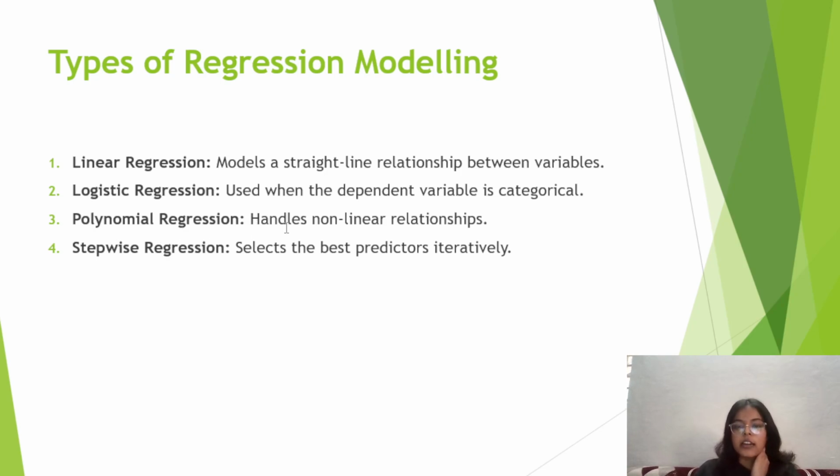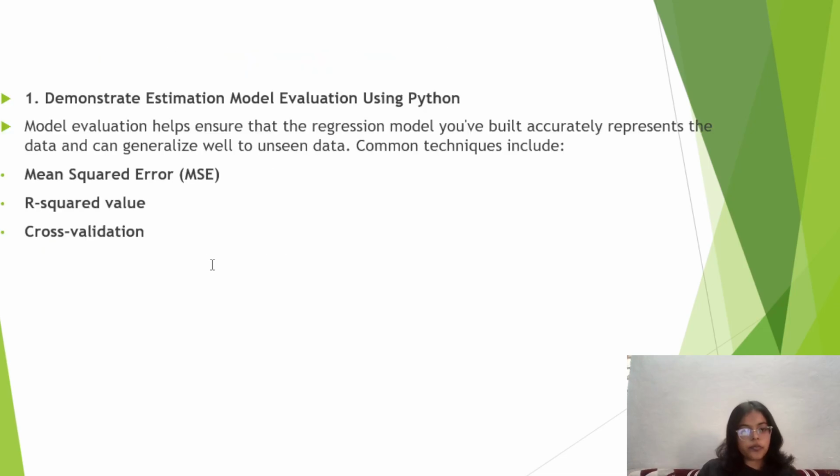Polynomial regression handles non-linear relationships where polynomial equations are used. Fourth is stepwise regression, which selects the best predictors iteratively, which we'll be discussing further in this video.